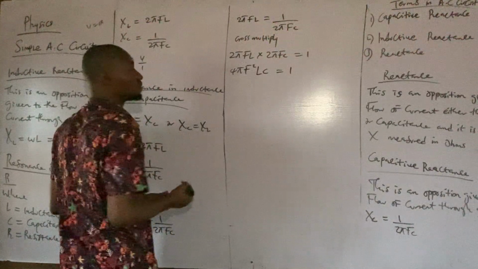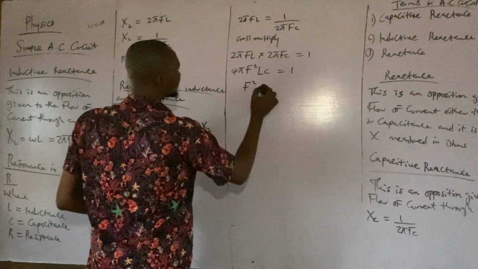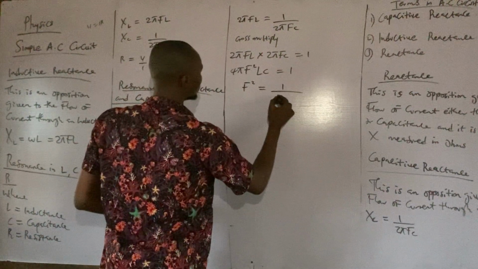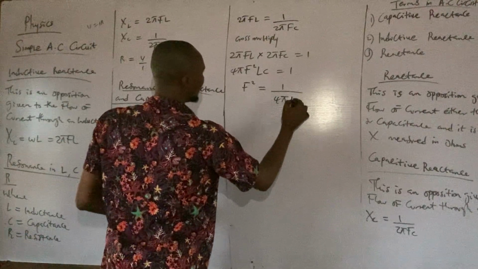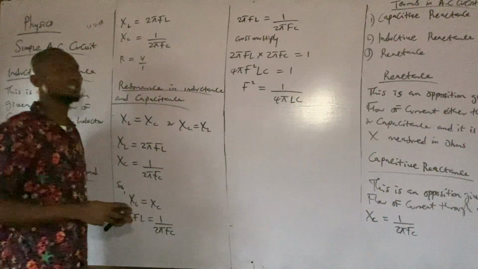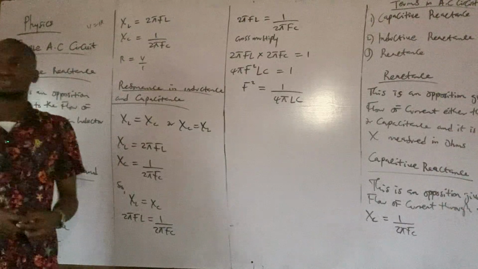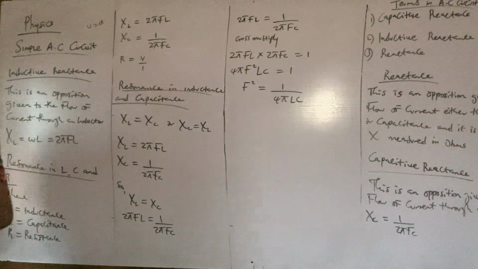Now we're looking for frequency, so frequency is equal to 1 over 2 pi root LC. So what are we going to do? Go over to this side.